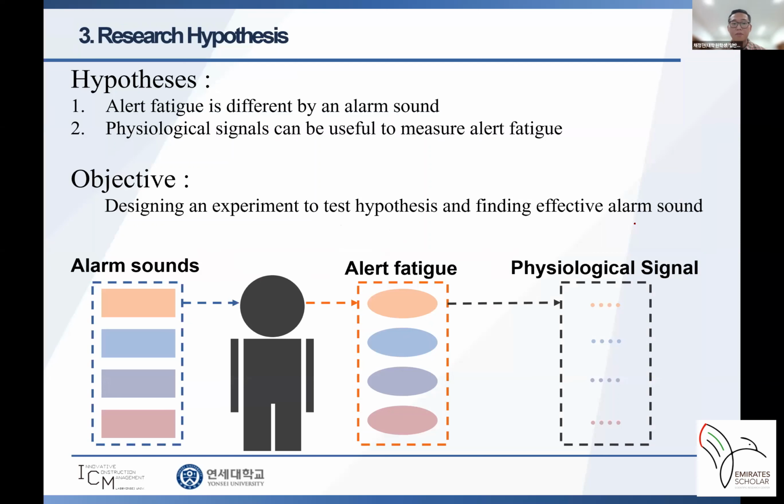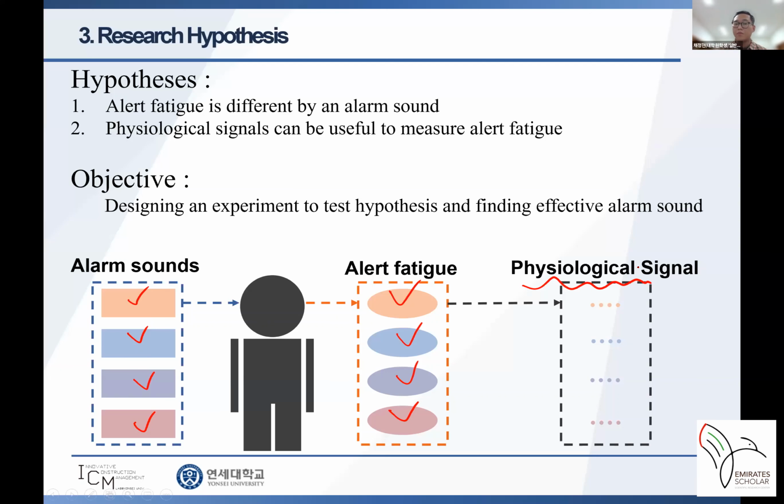And our second hypothesis is that maybe the physiological signals can be useful to measure alert fatigue. You can see in the bottom figures, every different alarm sound relates to a different amount of alert fatigue. And we can measure such different alert fatigue with the physiological signals.